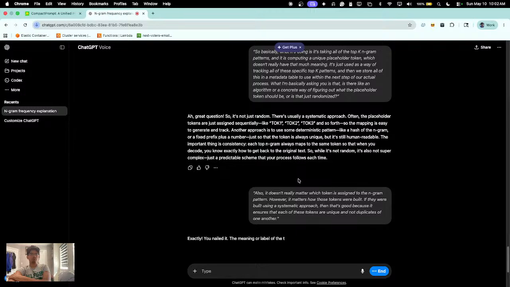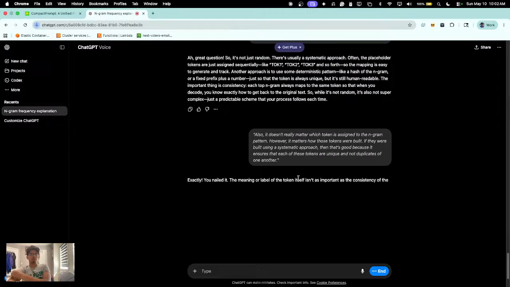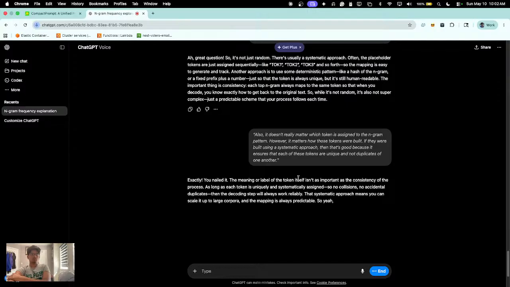Nailed it. The meaning or label of the token itself isn't as important as the consistency of the process. As long as each token is uniquely and systematically assigned, so no collisions, no accidental duplicates, the decoding step will always work reliably. That systematic approach means you can scale it up to large corpora, and the mapping is always predictable. So the key is that systematic generation method, not the specific token labels themselves.